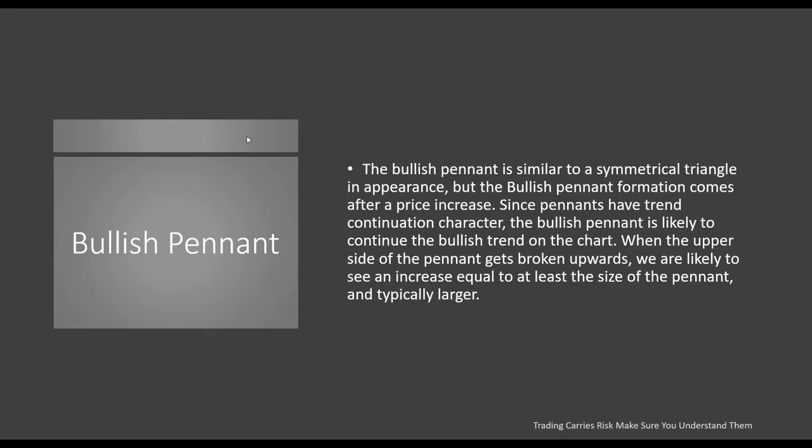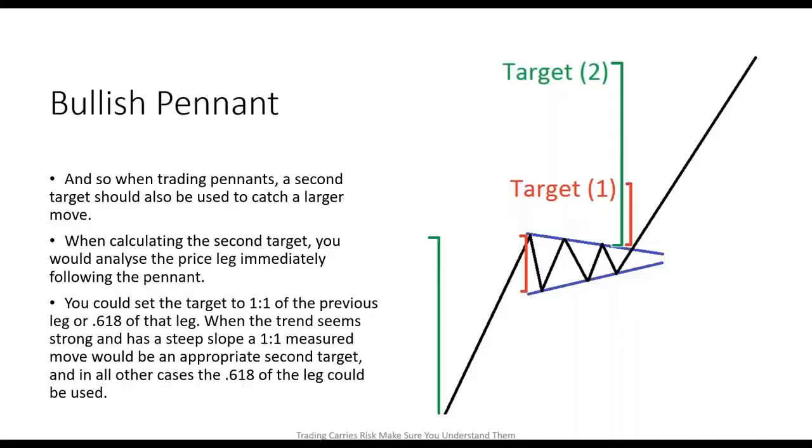Again, we typically see the width of the pennant. So this is where I had mentioned to you before, there are some weird people out there saying this is the calculation. You can use a 618 side of the leg and you have two targets. Okay, I don't pay any attention. What we're looking for is a successful way to trade.